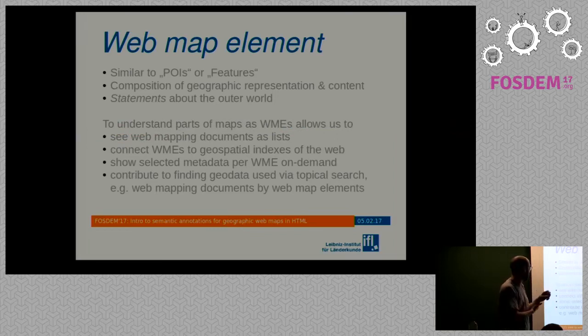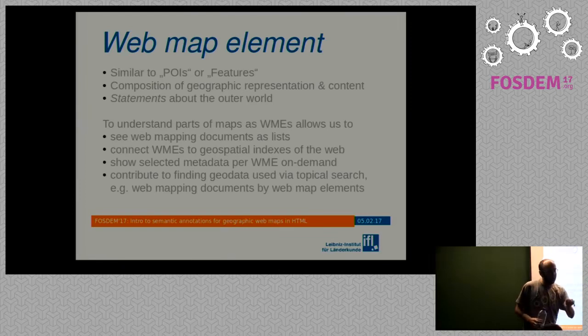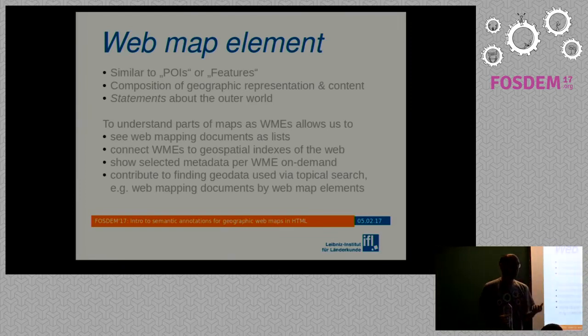And maybe, which I have no evidence for yet, but theoretically, these kinds of maps should be indexed by major search engines. And we could actually find maps through a topical description of one element. Like we can see what kind of geodata someone used to represent this content in which map, right? So it opens them up for public research.